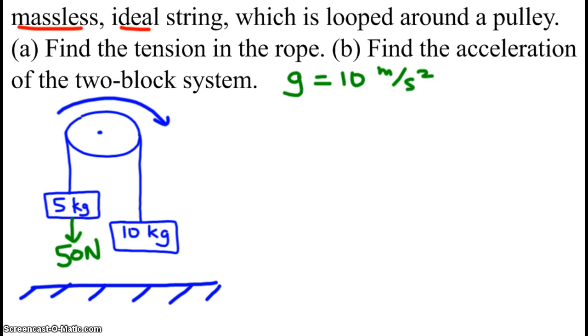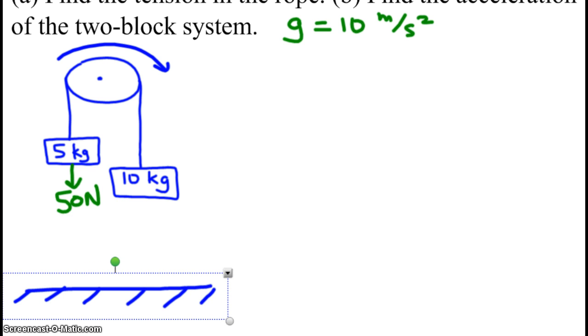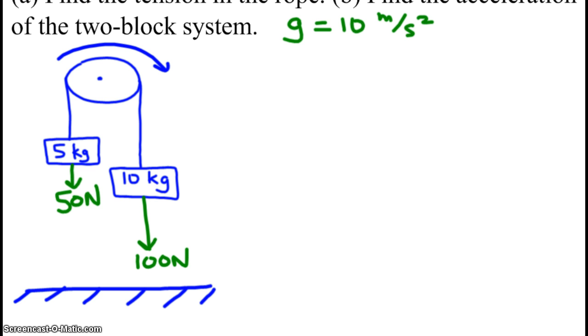So let me move my ground down a little bit. There we go. And twice that, so the arrow length should be twice as long. This one is being pulled with 100 newtons, 10 kilograms times 10 meters per second squared.